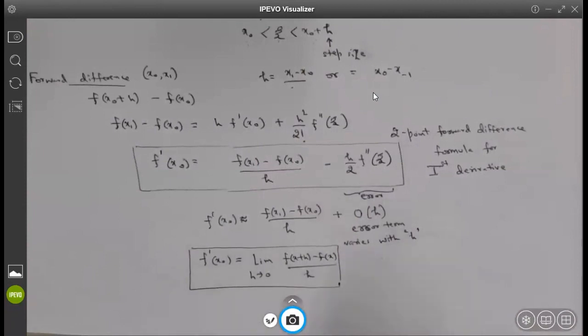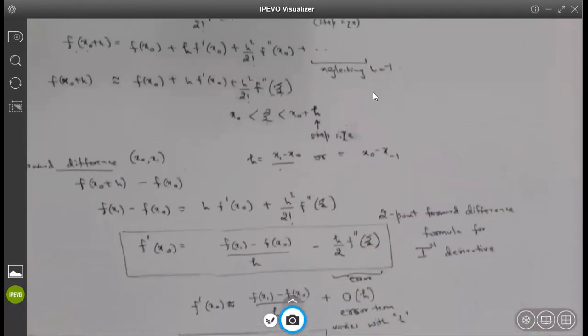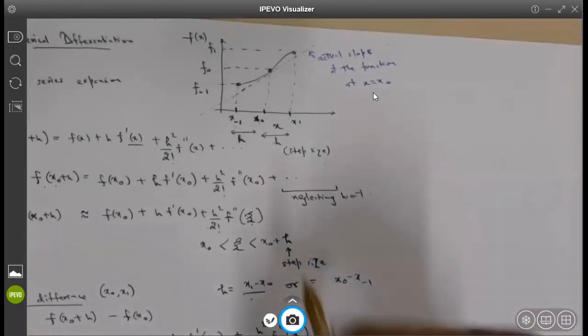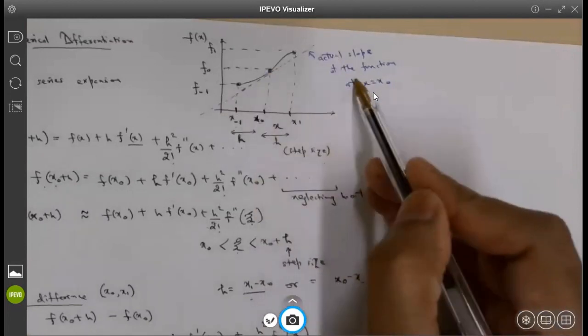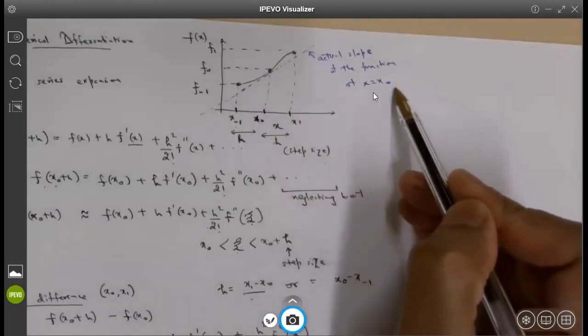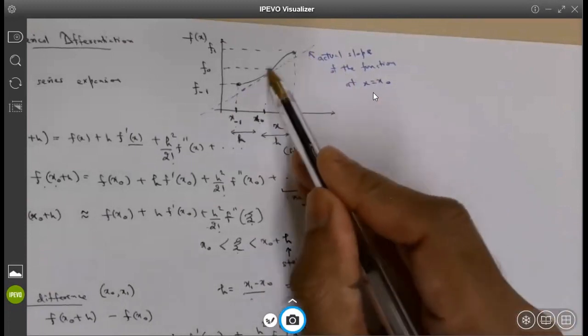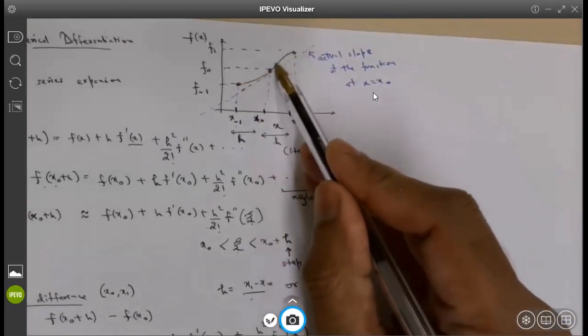Have you finished writing? Yes. So what it says is that you are approximating this slope. This is the actual slope of the function evaluated at x equals x naught, and this can only be obtained if I know the actual expression of the function.